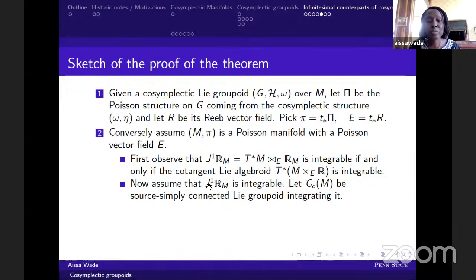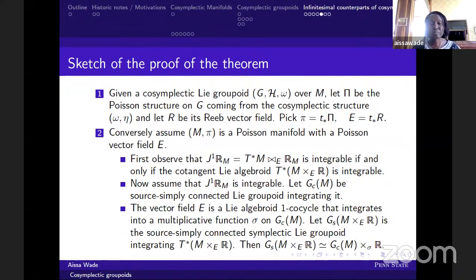Okay, so now if we assume that the first state bundle is integrable, and we denote by CG the source simply connected Lie groupoid integrating the first state bundle. So here, of course, I need the fact that E is the algebraic cocycle. So this will integrate into a multiplicative function on this Lie groupoid.